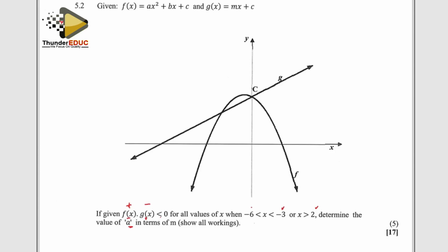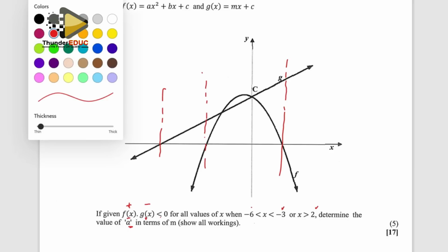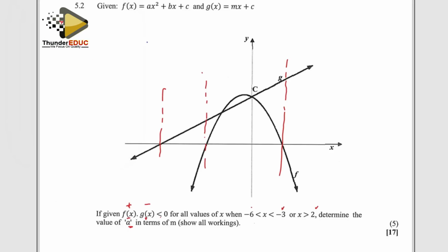Okay, so what I can do, where do I find this scenario? When I look at this, if I'm to divide this section and also divide this section here. Okay. So if I have this on the positive side, which is a 2, because I'm seeing that scenario, f is below, the other one is above.